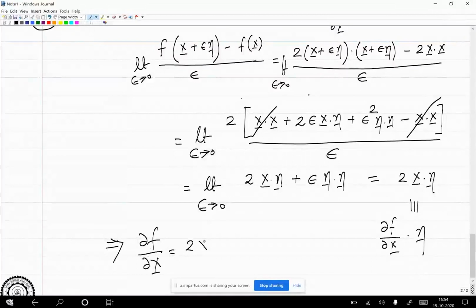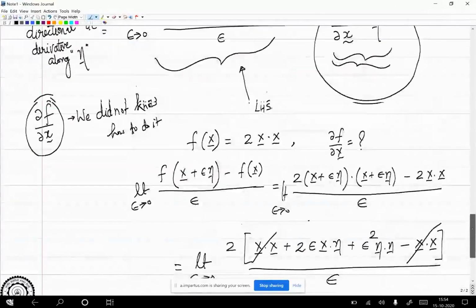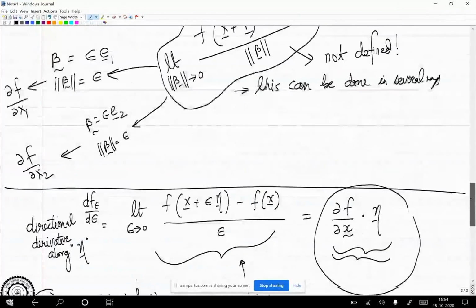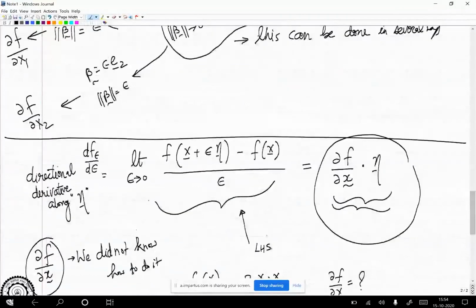We are not getting it directly, because we don't know how to differentiate with respect to a vector directly. So what we did is we simply scalarized the differentiation in this way and then compared it with the right hand side, to extract what is del f by del x.